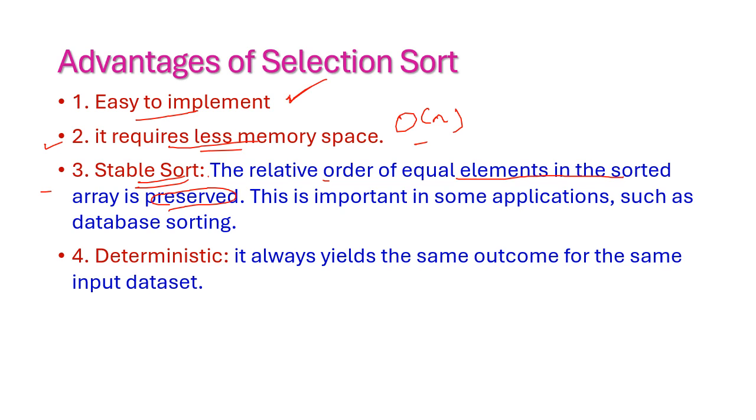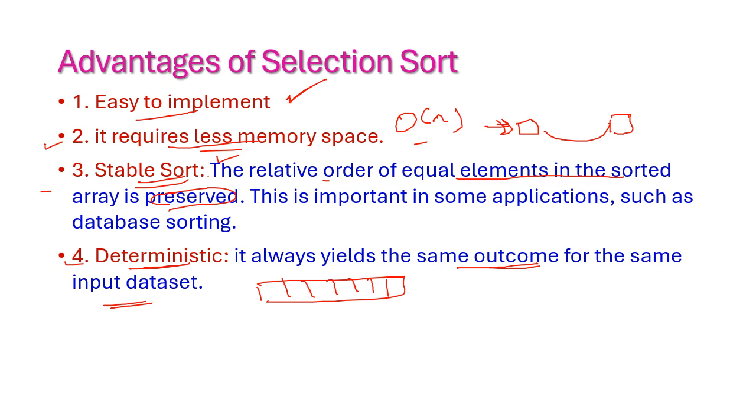That is, at every iteration, the minimum value will be exchanged into its right position. So this is stable sorting. And the fourth one is deterministic. Always it will sort the given data items, that is, it always yields the same outcome for the same input data set. So these are the advantages of selection sort.